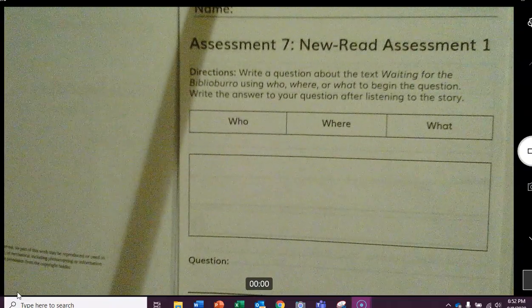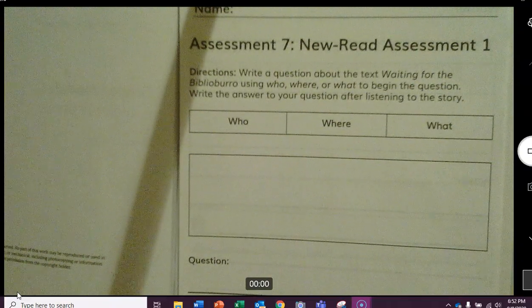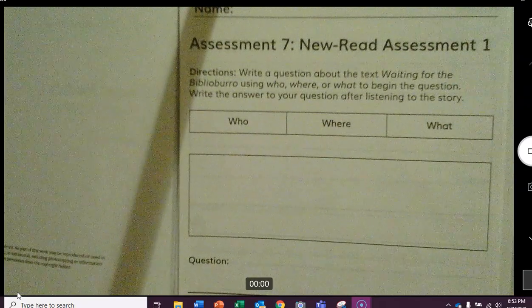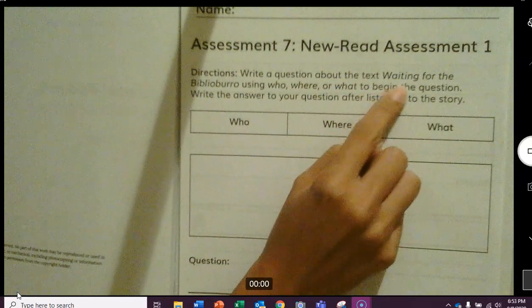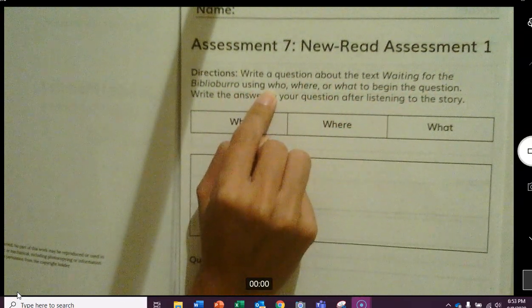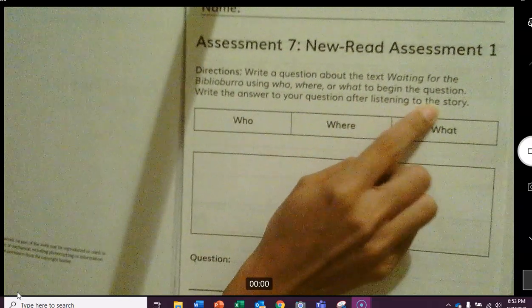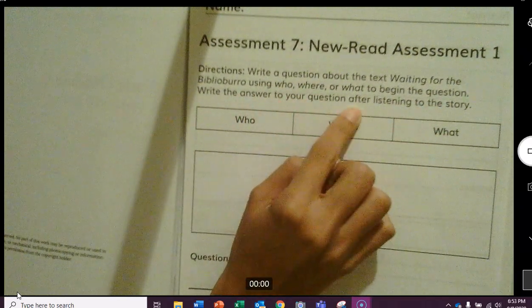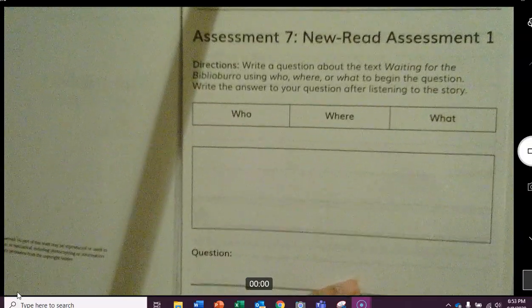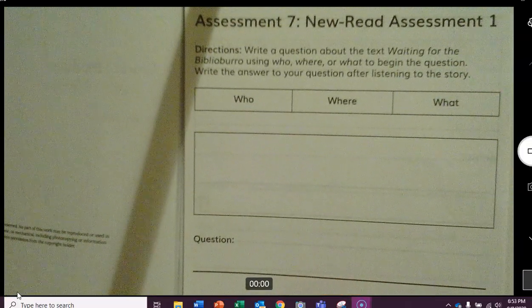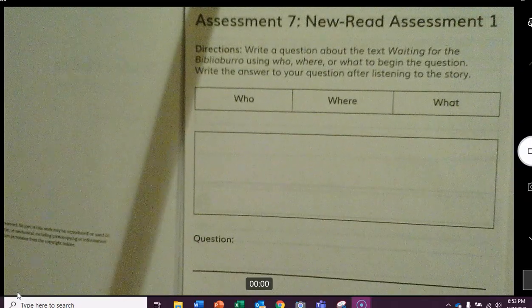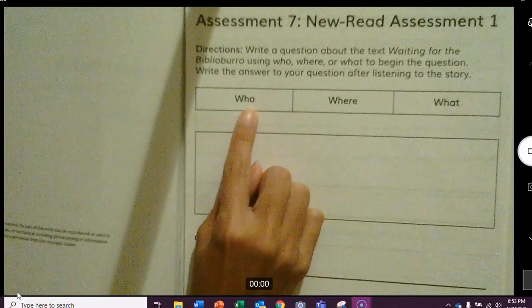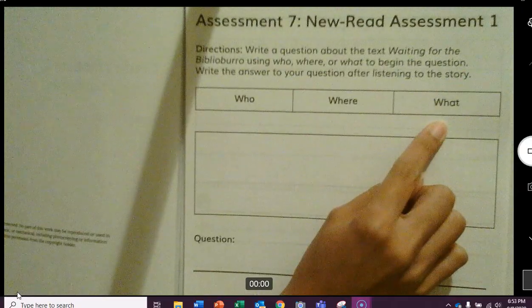Next up is our new read assessment for lesson 7. We are going to read the directions. Write a question about the text Waiting for the Biblioburro using who, where, or what to begin the question. Write the answer to your question after listening to the story. So we're going to use our wonder questions that we generated to generate one new question. So think, we can only use who, where, and what.